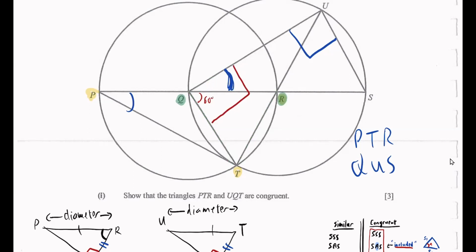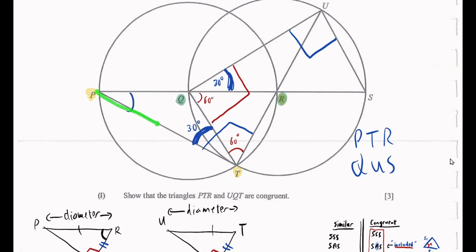Let me just use blue color, 30 degrees. Then over here we got a 60, sorry, we also got another 60 degrees because of equilateral triangle. We also got another 90 degrees because of right angle in semicircle. Then what do we know about this angle here? This one. 30, 90 minus 60, yes.